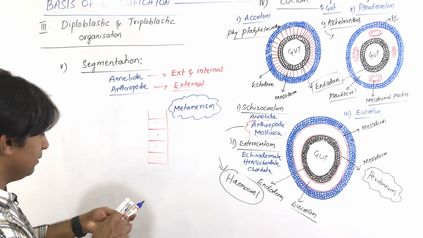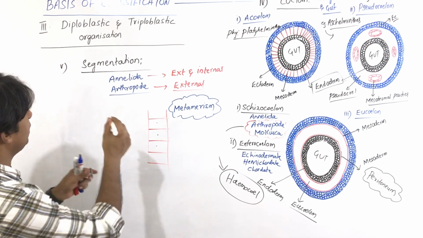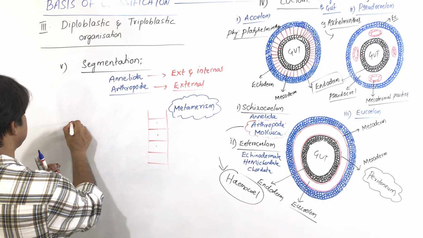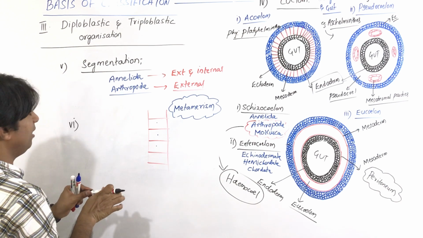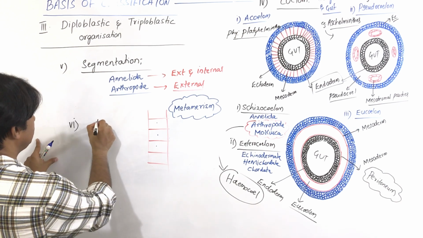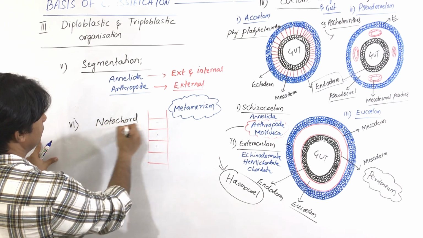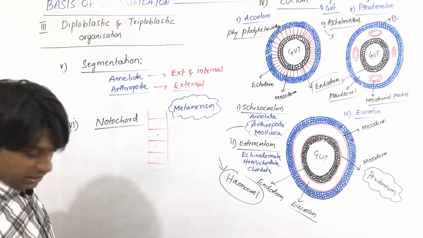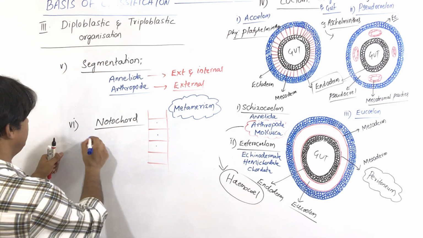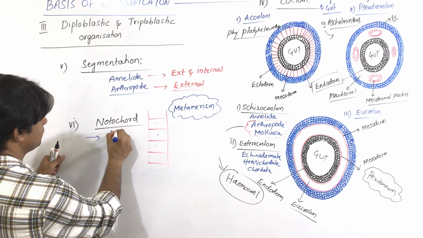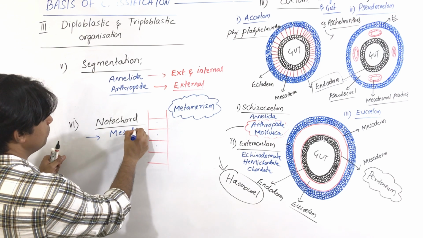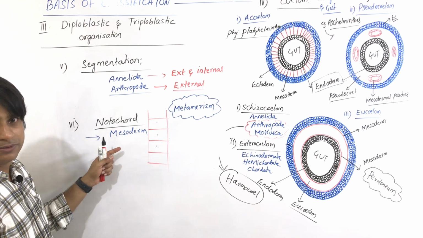Right? Next, the last character for the classification is notochord. Notochord is derived from mesoderm. It is mesodermal in origin.